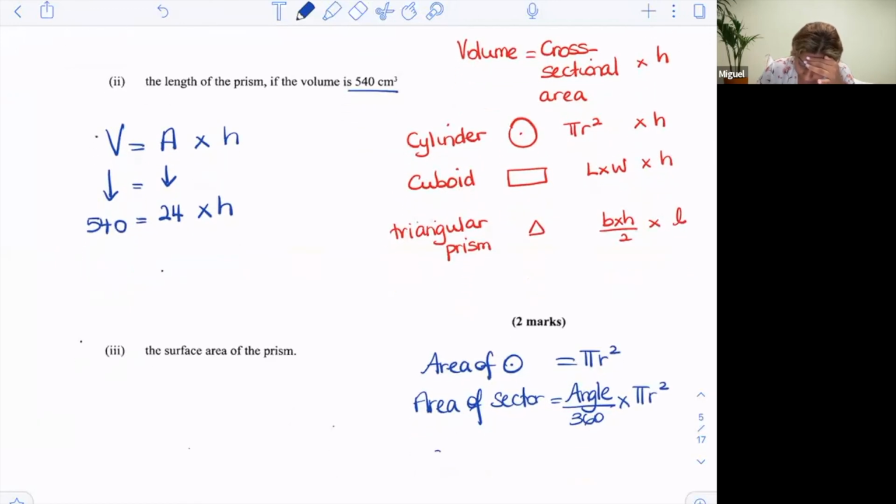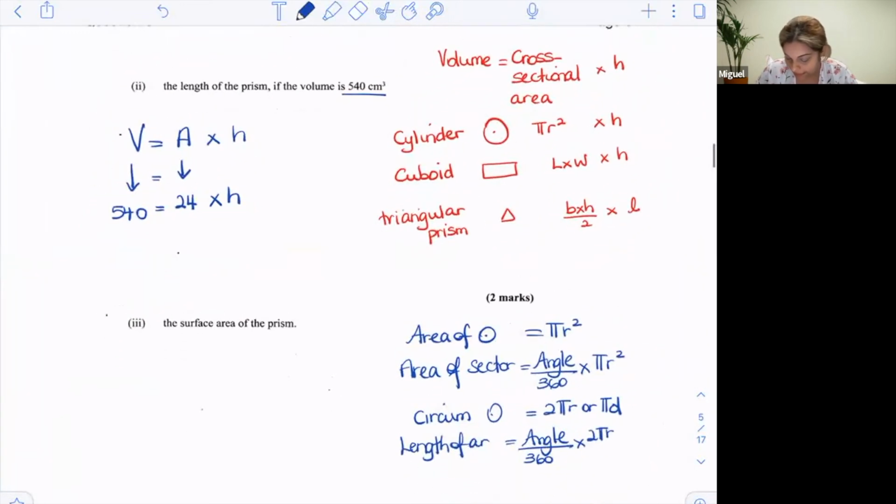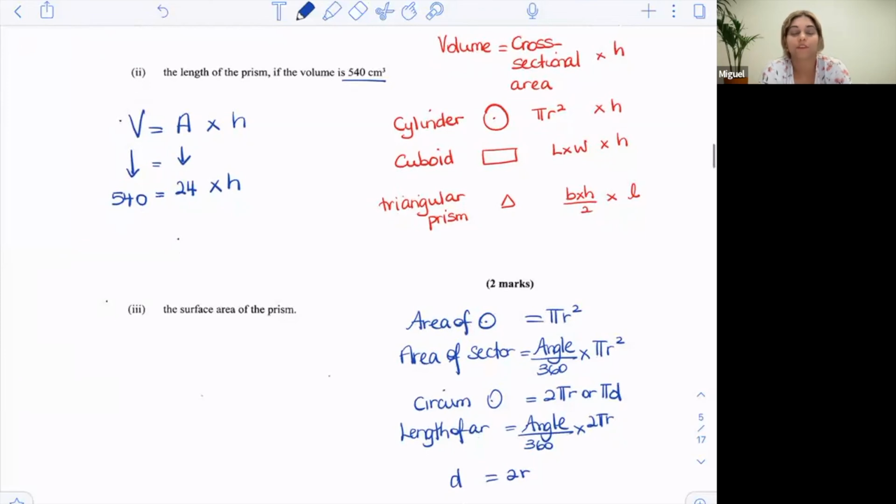You may also want to write circumference of a circle, 2 pi r, or pi by diameter, length of an arc, angle over 360 by 2 pi r. You may also want to write if the diameter is given, diameter is equal to 2r. Right, so these are just a couple of formulas that are helpful, especially in the measurement part.